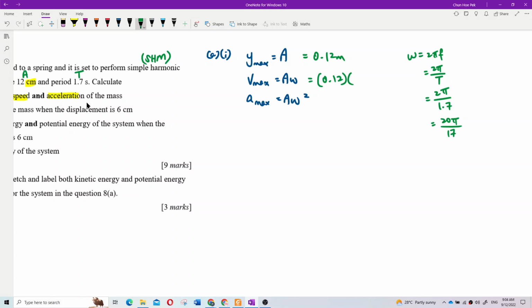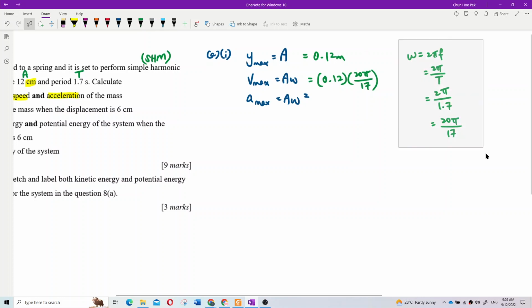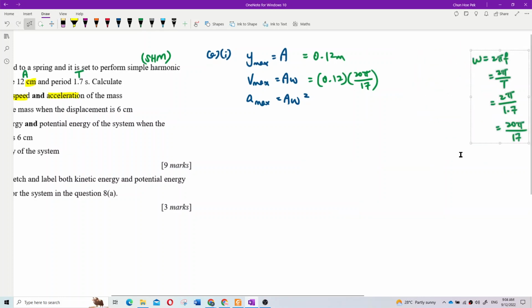So omega is 20 pi over 17. So what's the answer? Let's calculate: 20 pi divided by 17 and then multiply by 0.12.